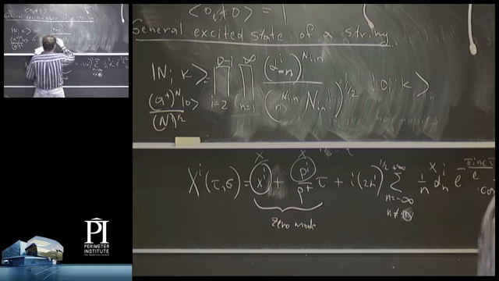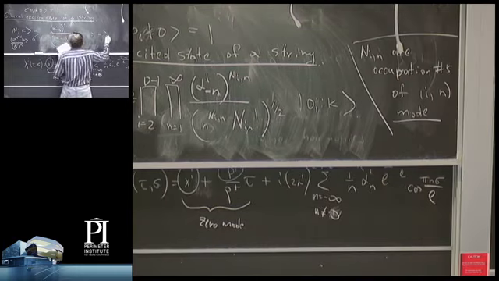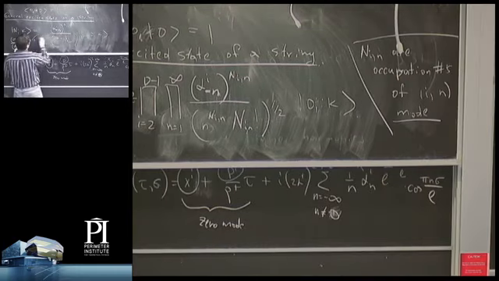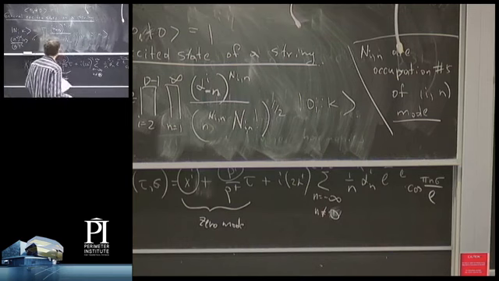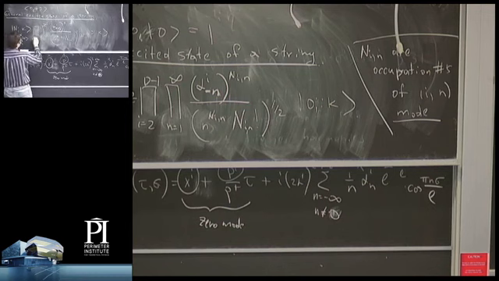This is the product of n factorial to the power 1/2. Then I can construct an excited state by acting with any raising operator, so n goes from 1 to infinity, and I can act with any transverse oscillator.